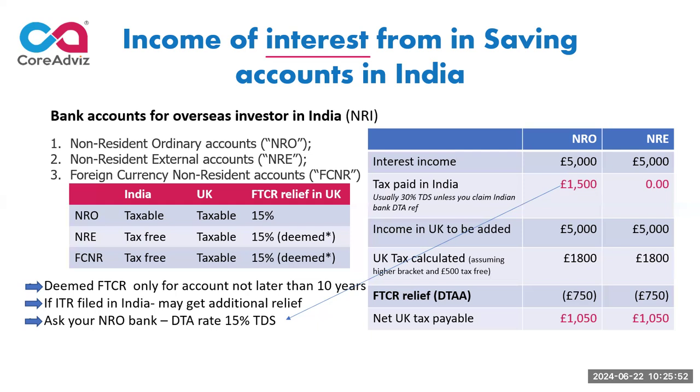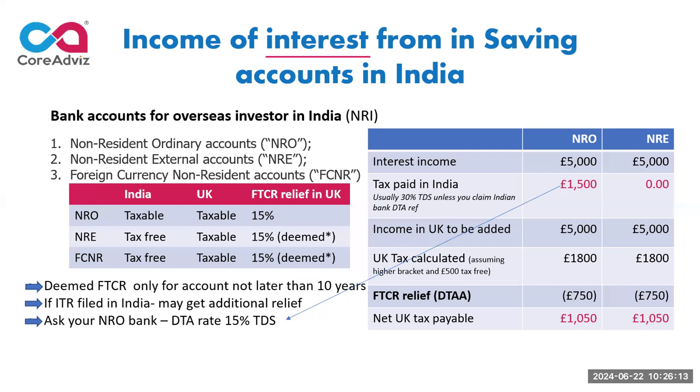Because the double tax treaty says you should have an NRE account only within 10 years, and there is no clarification on this, you can open a new bank account and still take the advantage, as long as your account is not more than 10 years old.